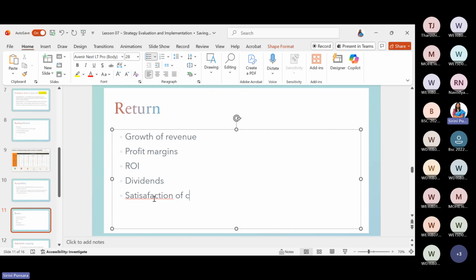Satisfaction of consumers, then development of employees. These are some examples for return. In terms of these returns, we can compare the strategies that we have developed.